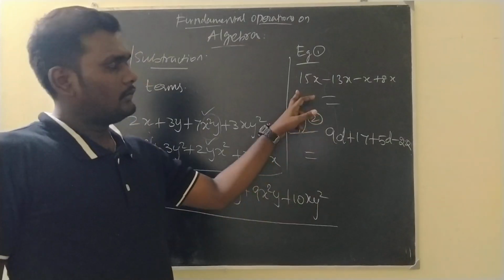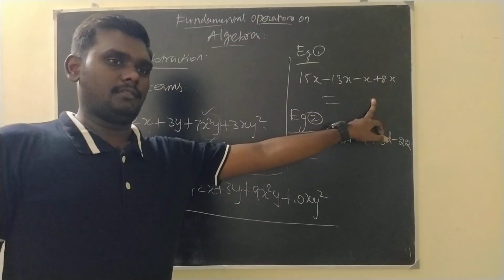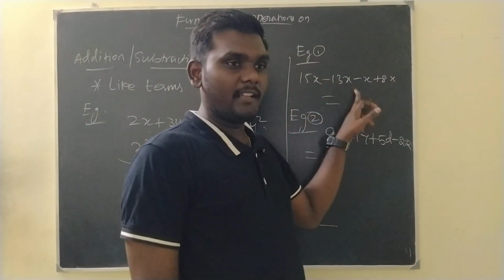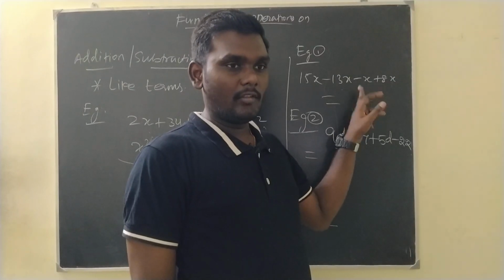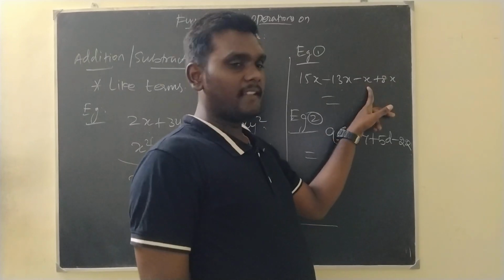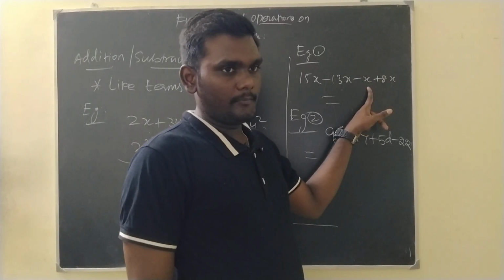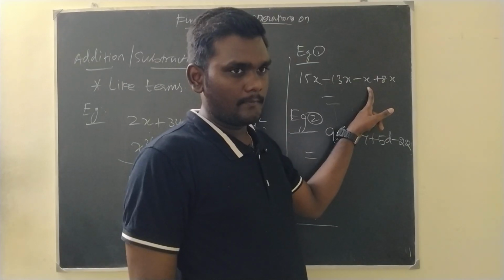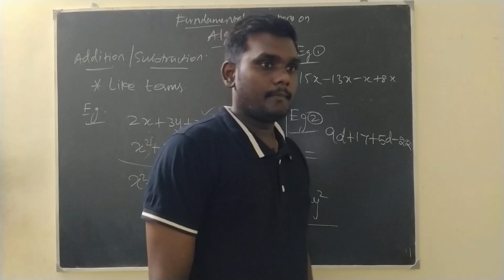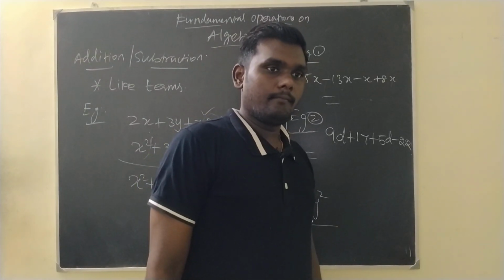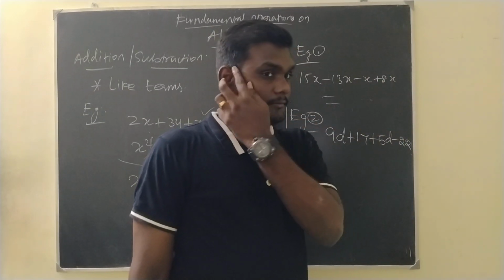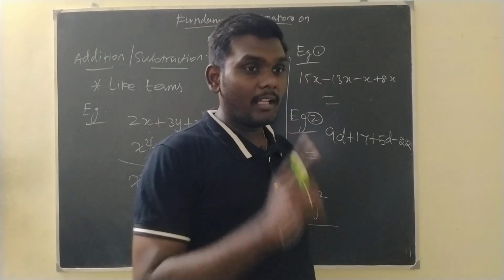You see, all the terms are like terms. So 15x minus 13x, how many? Same thing, 15 apples minus 13 apples. We have 2 apples, that is 2x. So 2x minus x, two apples minus an apple, that means 1 apple.